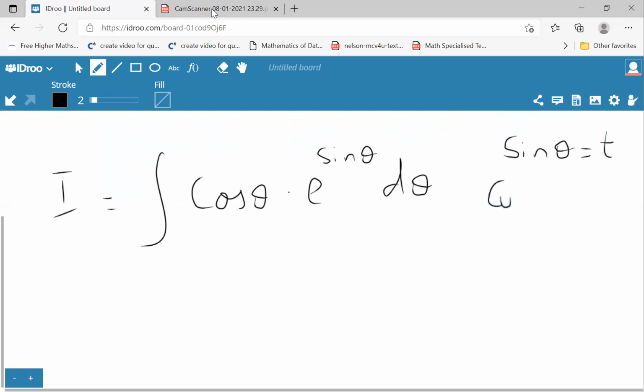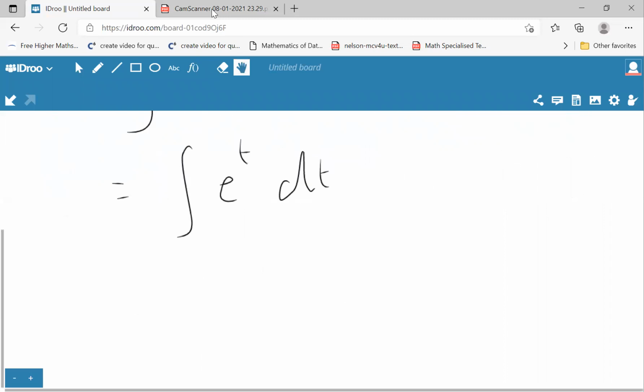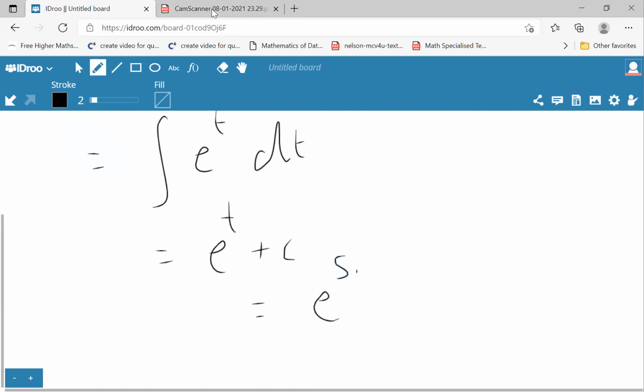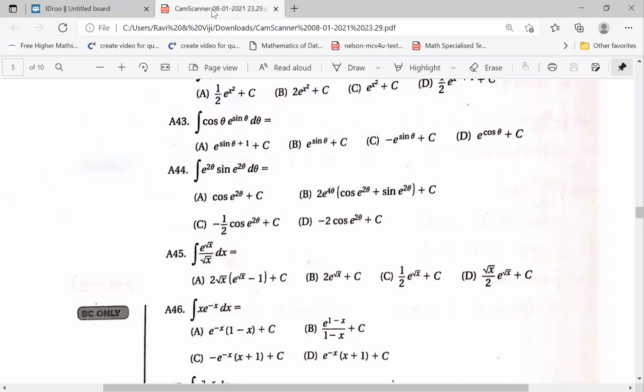Differentiating on both sides, we get cos theta d theta is equal to dt. So in the place of cos theta d theta, we can put dt. So this reduces to e to the power of t dt. On integration, you get e to the power of t plus c. Substituting back for t, we took t as sine theta, so e to the power of sine theta plus c. So you can see that option D is correct. E to the power of sine theta plus c is the correct answer.